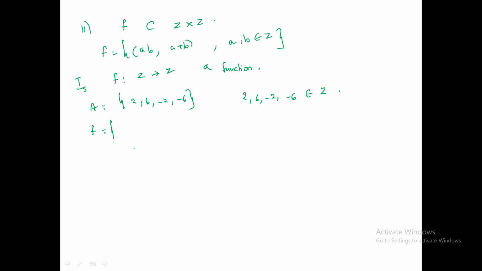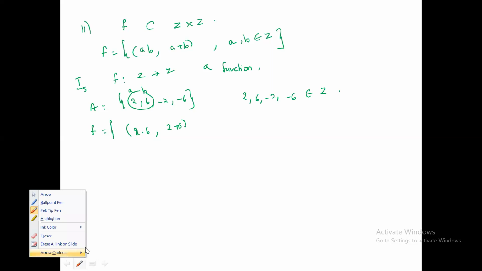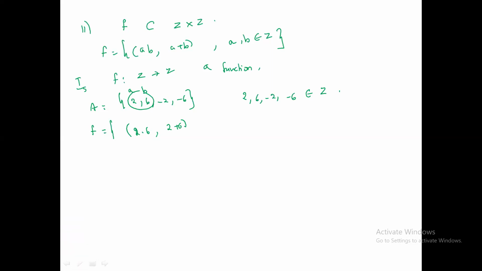So if you take 2 and 6 as a and b, so ab is 2 into 6, a plus b is 2 plus 6. We will have 12, 8.